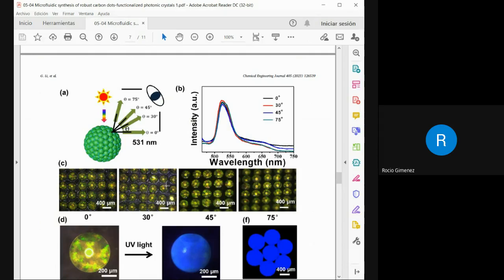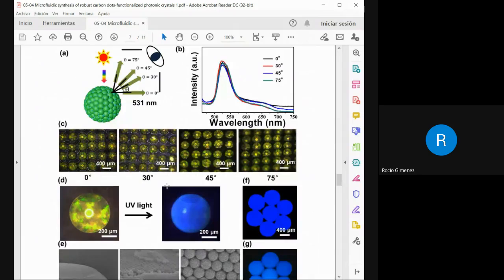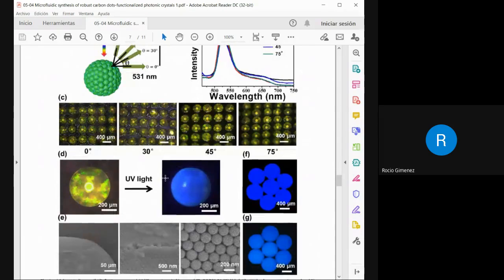So these microbits have an angle-independent photonic bandgap showing green structural color, not only on the surface, but also in their cross-sections. And, mainly because of the carbon dots, both the surface and the cross-sections of the hybrid microbit also emit bright blue fluorescence under irradiation of UV light.